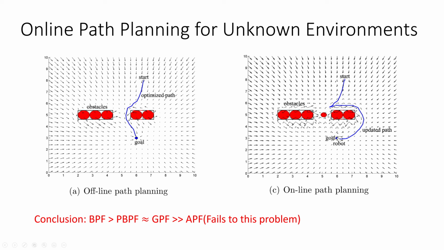It then follows this new path to reach the goal, and this helps it successfully avoid the new obstacle, which cannot be handled using the APF method.